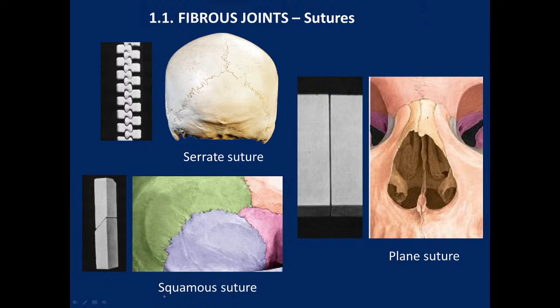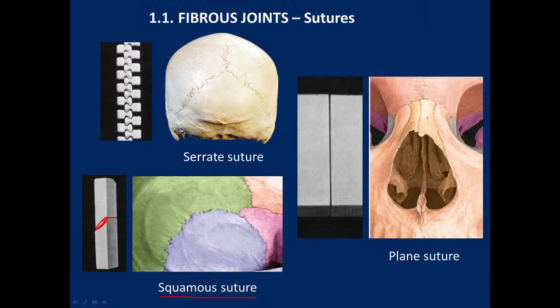The next type of sutures is called squamous suture, and two bones connect like a squama. It is a part of fish skin, and each bone lies and contacts with the other in an oblique contact.